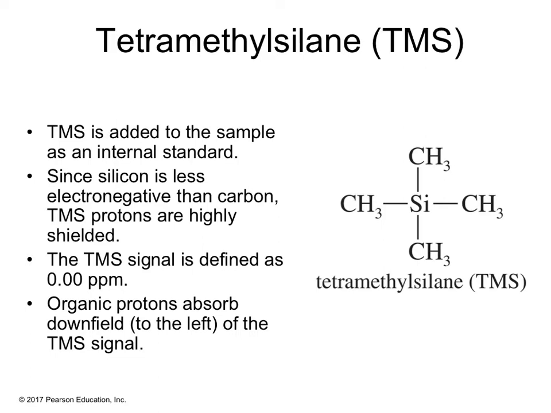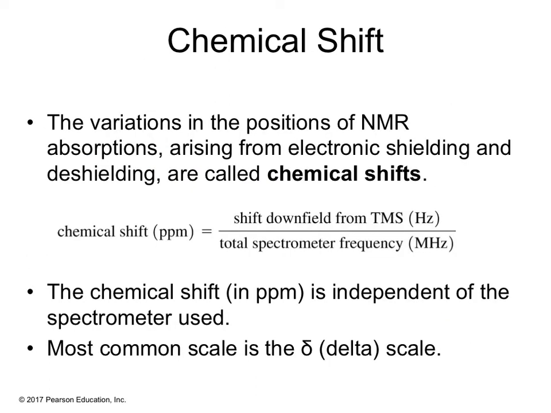Okay, Tetramethylsilane, TMS, is usually added as an internal standard, and it shows up at 0 ppm, and that's because it basically does not absorb at all, because it's not shielded, because silica is less electronegative than carbon.